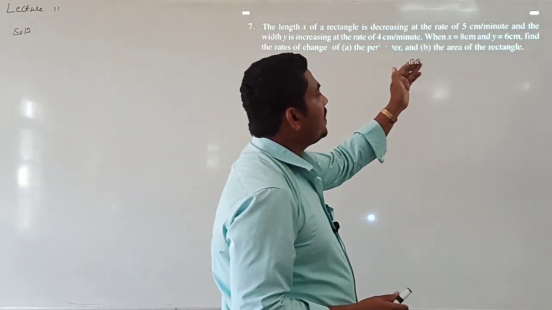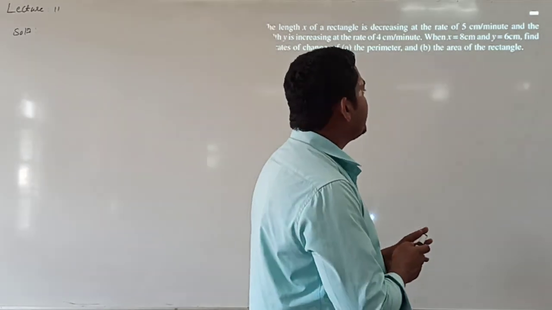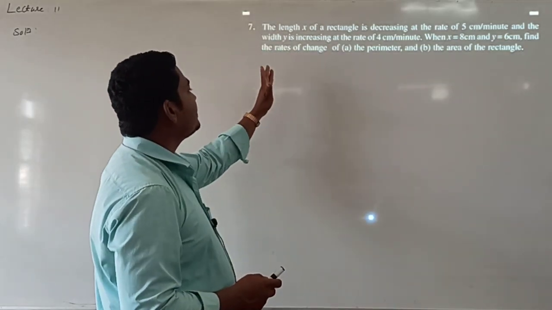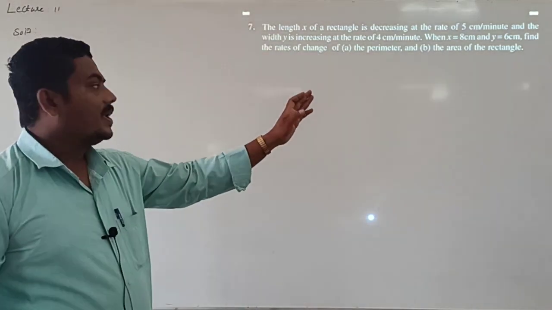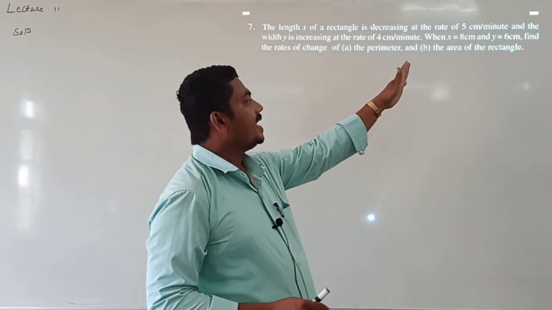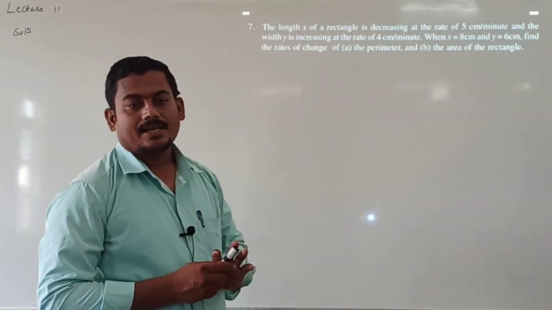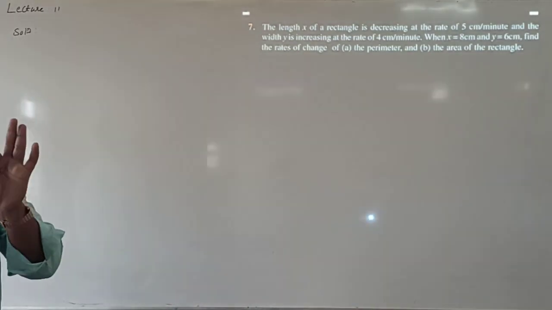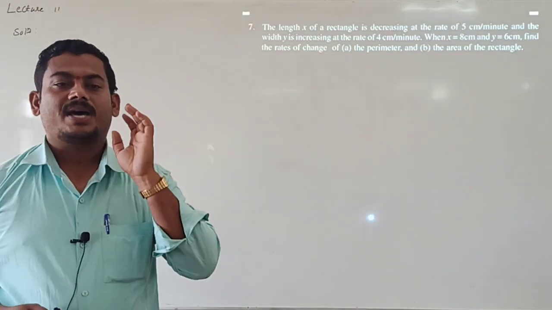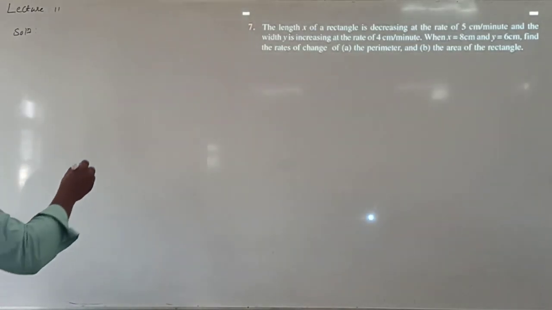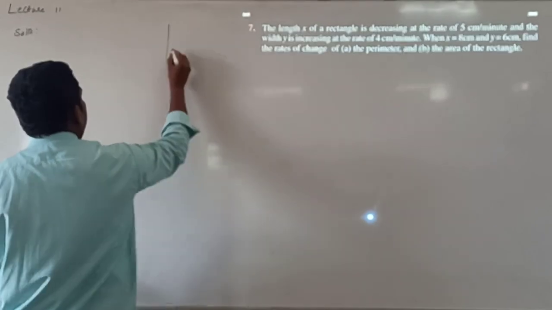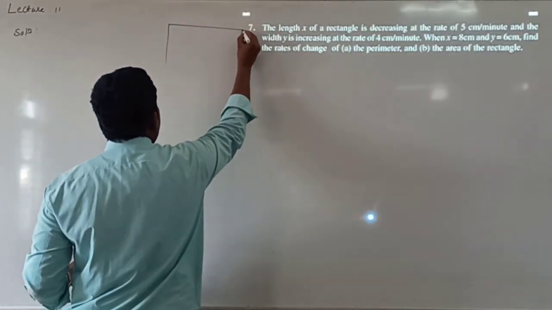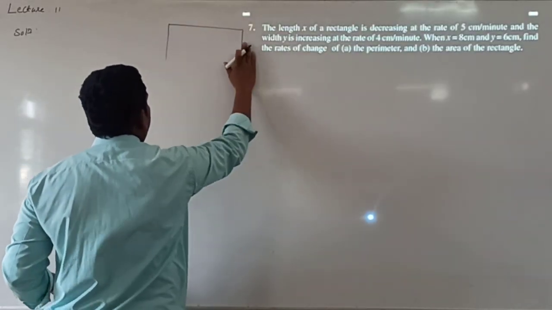When x equal to 8 centimeter and y equal to 6 centimeter, find the rates of change of, first, the perimeter, second, the area of the rectangle. It is one of the very important 5-mark questions, right? Just consider a rectangle.